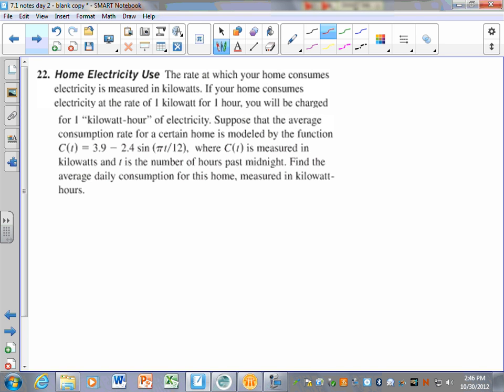So here's the big thing here. We want to know the average daily consumption, which means I don't want to know what's just happening at a certain time. Like if I said, what is happening at 3 o'clock in the morning, you could say, well, t is the number of hours past midnight, and if you plug in 3 for t, what's that going to give you?